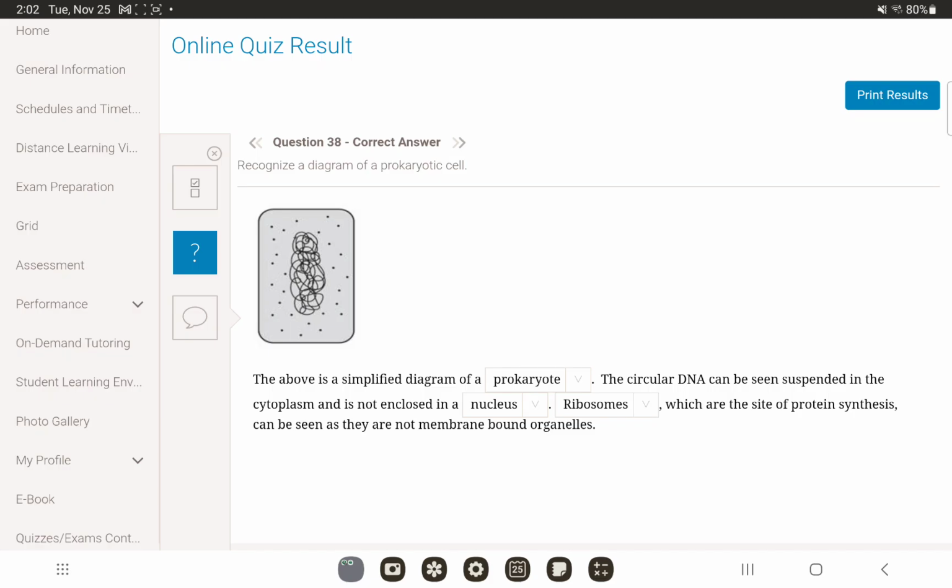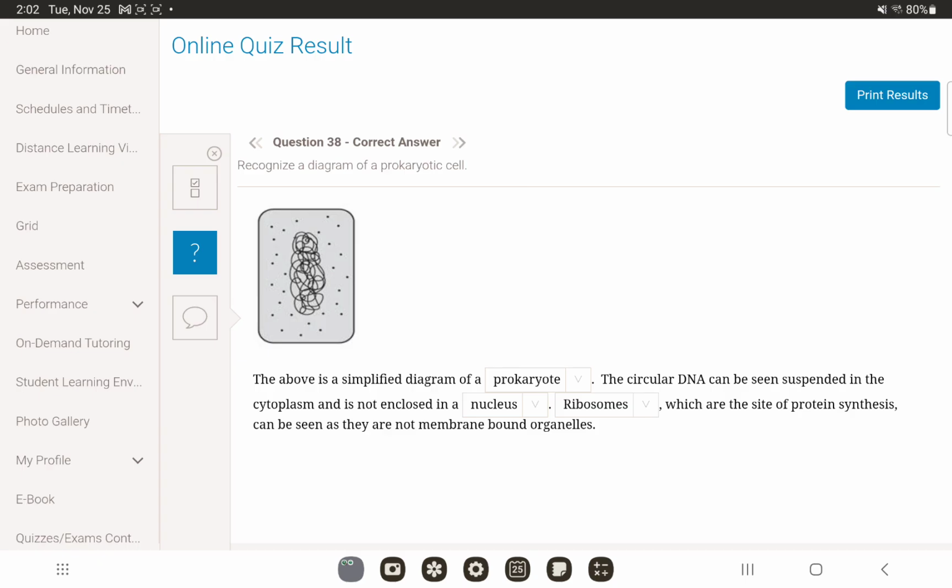The way I would memorize this is that a eukaryotic cell is like animal cells. They have many organelles and they have a membrane.